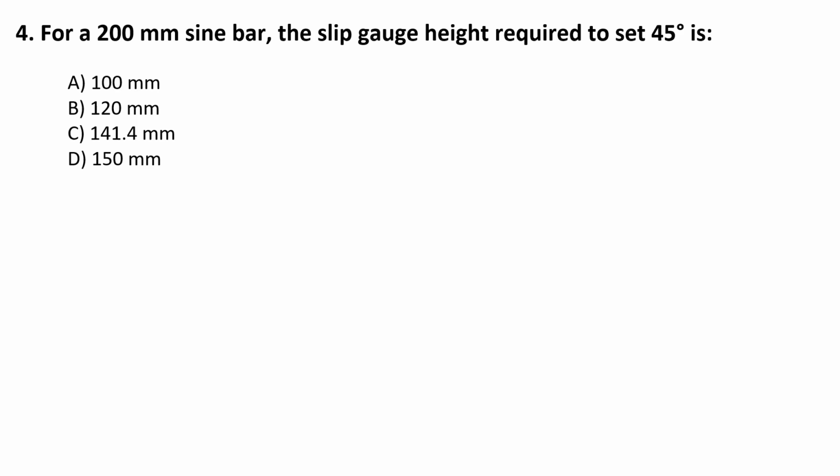And the next question is: for a 200 mm sine bar, the slip gauge height required to set 45 degrees is option A 100 mm, option B 120 mm, option C 141.4 mm, option D 150 mm. Here the length of the sine bar, capital L, is given, and we have to determine the slip gauge height, small h, and theta is also given, that is 45 degrees.